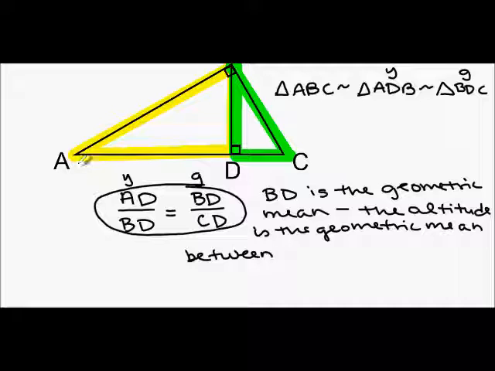I see AD down here, right here, and CD next to it. Those are the two segments that make up the hypotenuse.